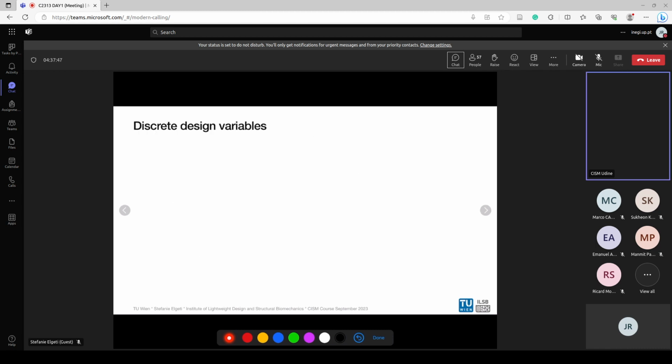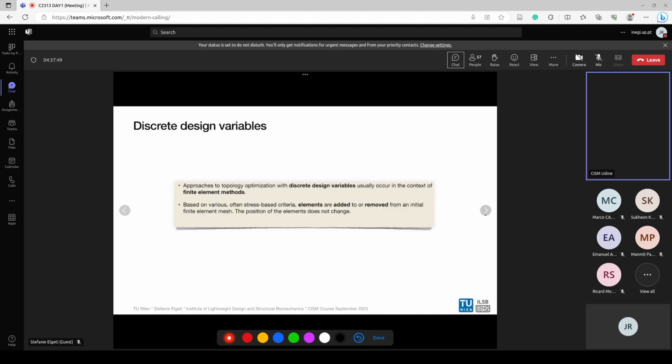Okay, so this is the one option that we have, these continuous variables. There's several kinds of continuous variables, but SIMP is the most commonly used approach. And then there's the choice of discrete design variables that usually occur in the context of finite elements.